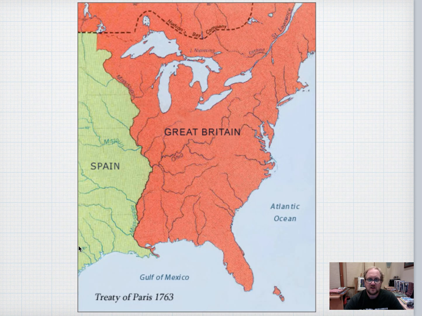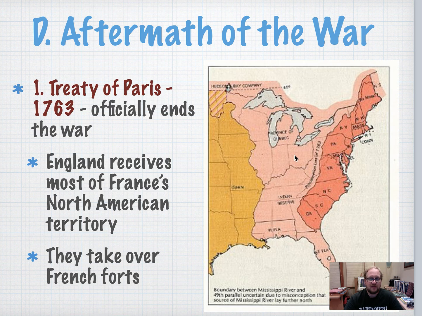You see another map of it, where now we have a huge expanse of British North America, pretty much from the Mississippi River all the way to the East Coast. Here's the problem. In this area of the pink, even though the French are removed, there is still a massive number of Native Americans.